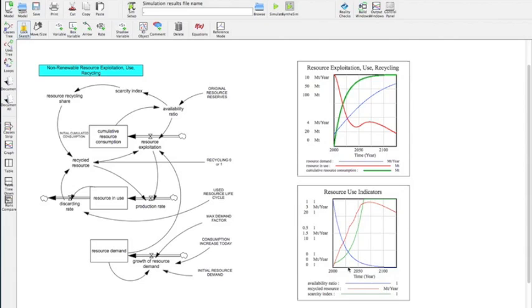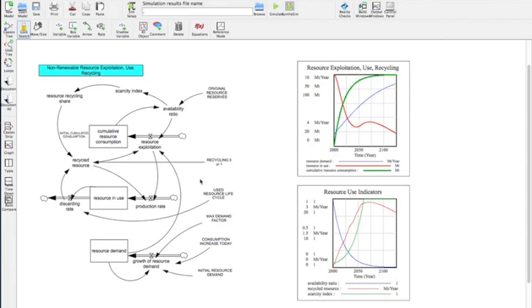You have the recycled resource, and in the beginning here, you're actually doing a pretty good job of recycling, and in the middle of the simulation, you're recycling up to 3 metric tons per year, which is pretty high compared to the rate at which you're demanding, which is 10. So you're getting 30% at the best, 30% of your resource from recycling, but that actually starts dropping again because you start exploiting less, and then the scarcity index shoots up very quickly as the availability ratio comes down.